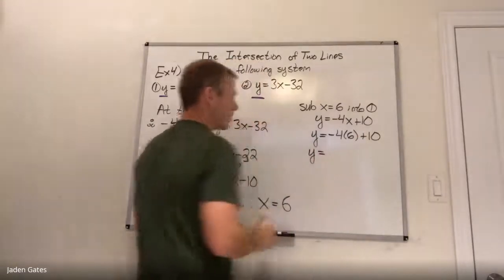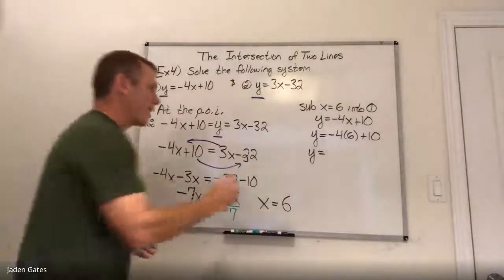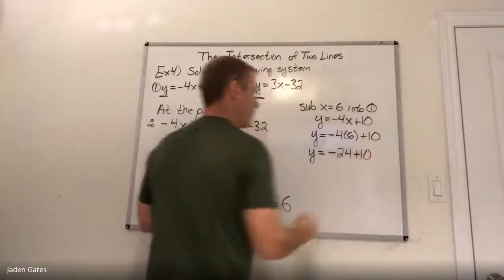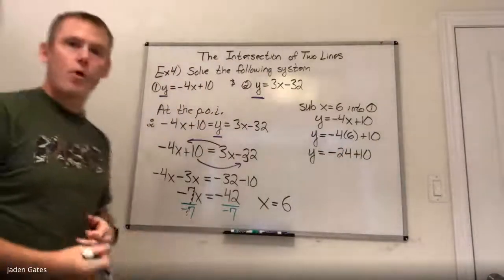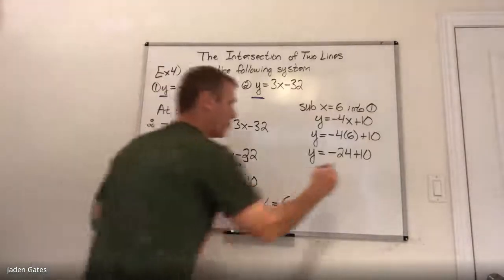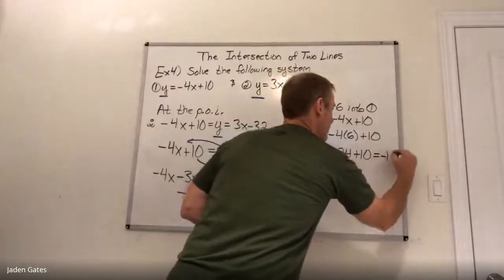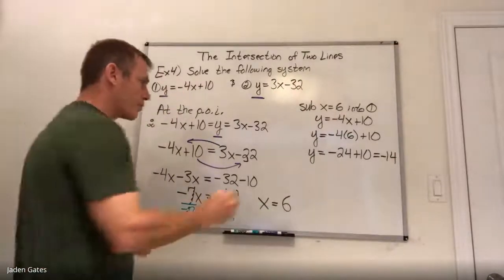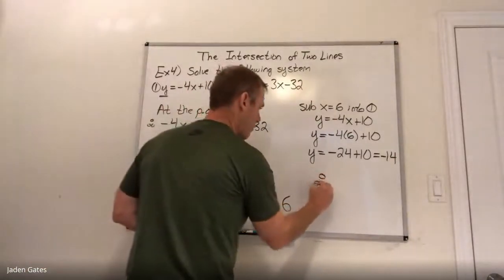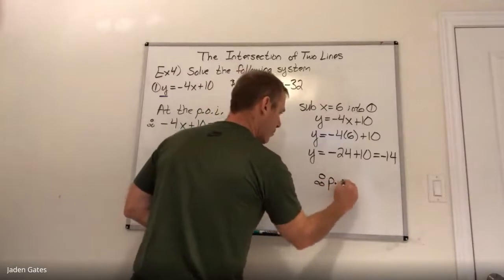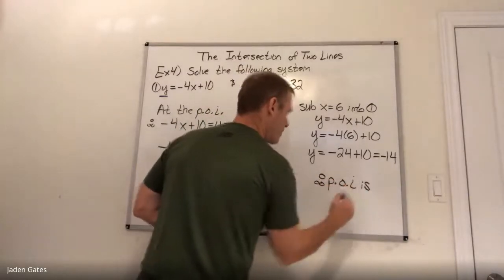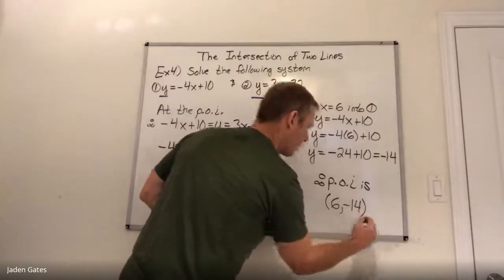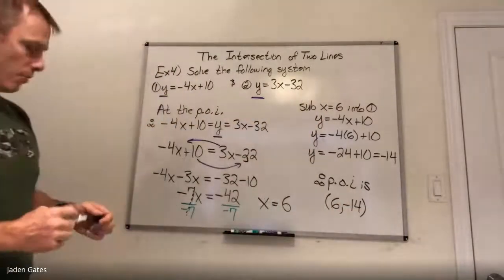Y equals negative 24 plus 10. If I lose 24, but I get 10 back, I'm still down 14. Now I've got the y-coordinate of the point of intersection, and so my last statement, therefore, the POI, the point of intersection, is (6, negative 14). And there we go.